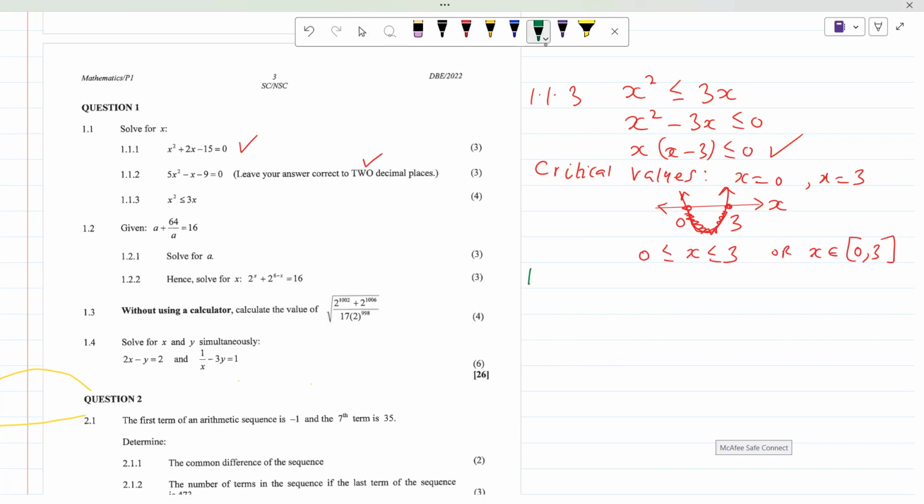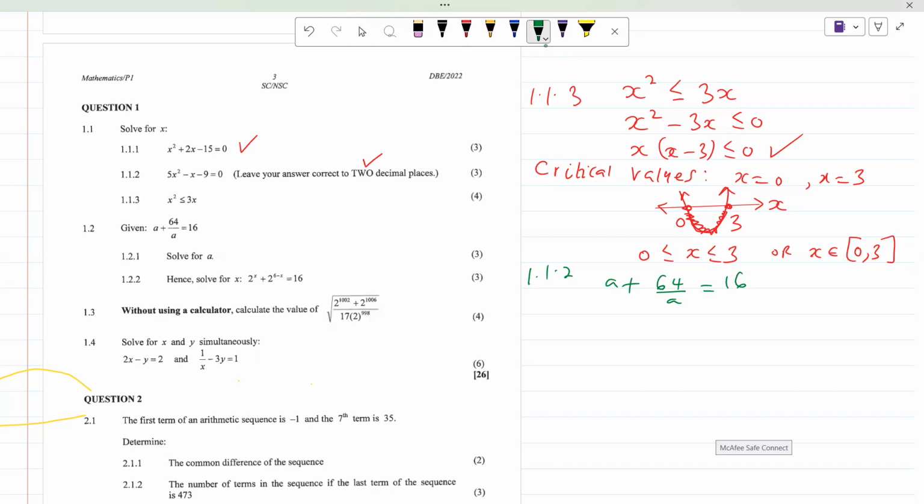Right, so to now look at 1.2.1, you need to solve for a when you're given a plus 64 over a is equal to 16. In which case you multiply through by a.